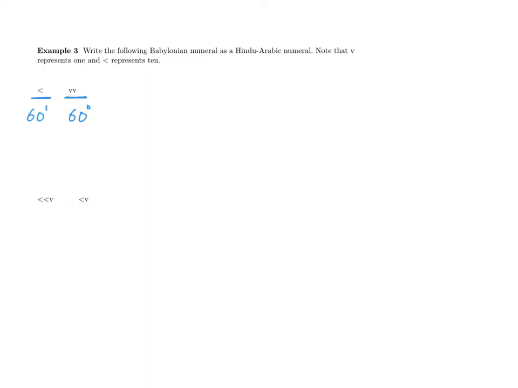Now, in each place value, we just have to count how much stuff there is. If this symbol denotes a 1 and a 1 means we have a total of 2. So there's 2 in this place value. In this place value, there's a total of 10. If we want to expand this out to get a base 10 number, we'll do exactly what we did in the previous slide.